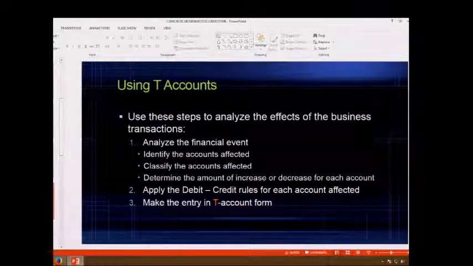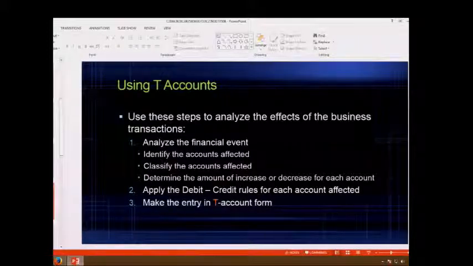We're going to figure out what's affected, classify the accounts, determine how much it's going to increase and how much it's going to decrease, right? Number 2, we're going to apply the debit credit rules for each account affected. So we're going to look at, is it left or right? Are we increasing on the left or decreasing on the left? We got to figure out those rules. And then we're going to make an entry in the T account form.